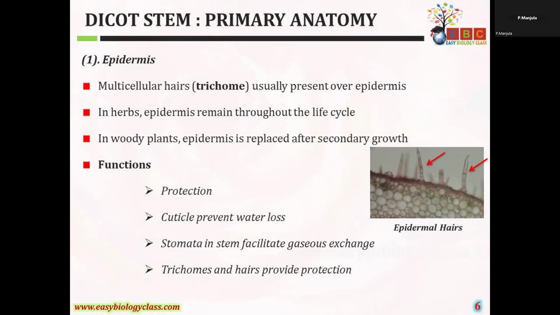The presence of the cuticle prevents water loss, and stomata, which are present on the young stem, mainly help in gas exchange and transpiration, and trichomes and hairs provide protection.